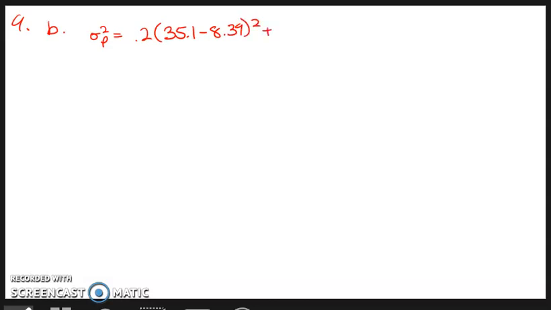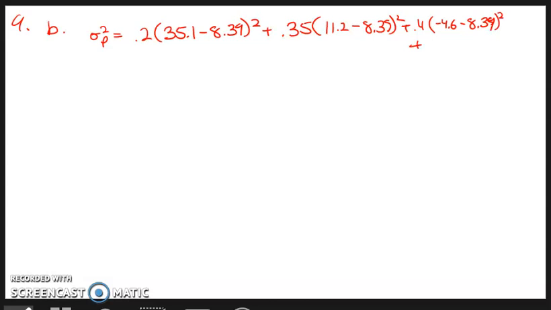We square it. And then we have a 35% probability of an 11.2% return. We subtract the expected return, the mean, square it, plus a 40% probability, that's the poor state, negative 4.6% return, minus 8.39%, square it.